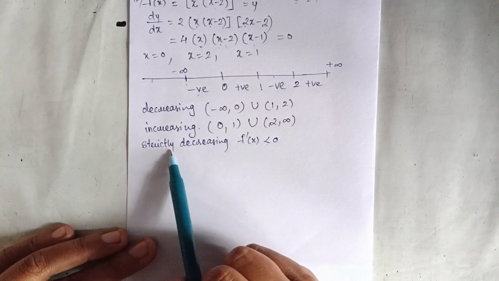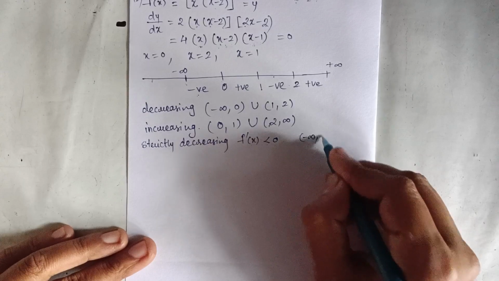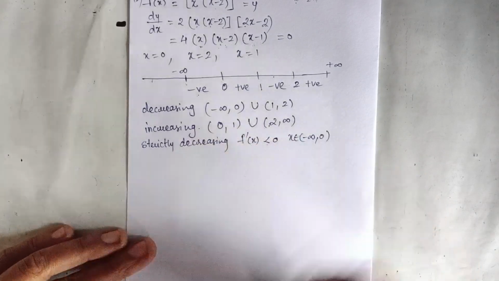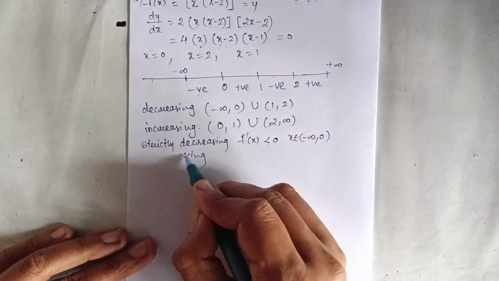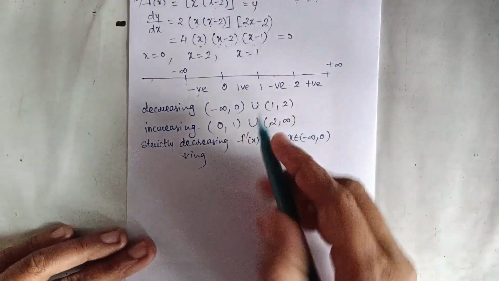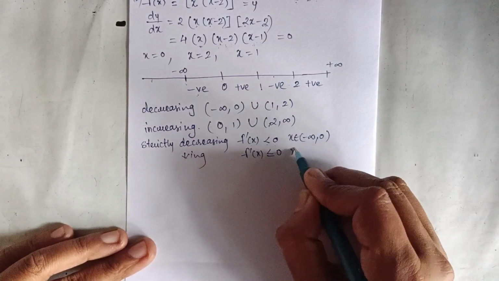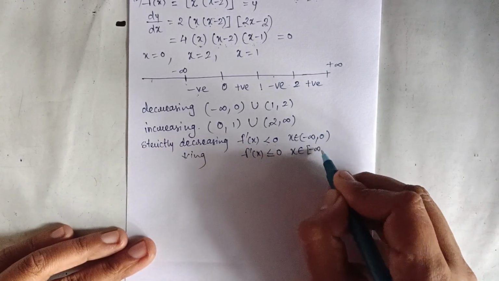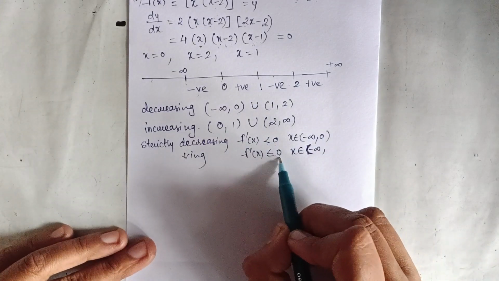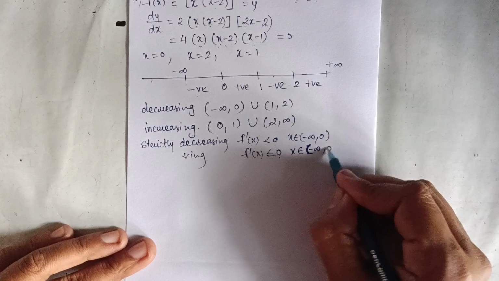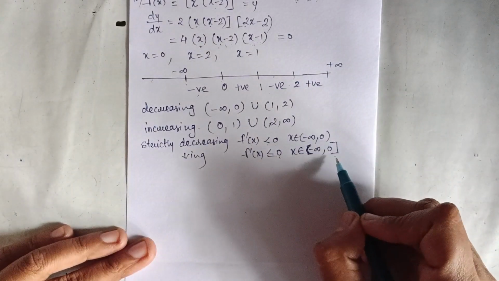This is your strictly decreasing, and we write this as minus infinity to 0. Correct? When it is only decreasing, there is no strictly, then it is f dash of x less than or equal to 0. That time you have to include the point where f dash of x becomes 0. So we have to take this point in. So this becomes closed interval.